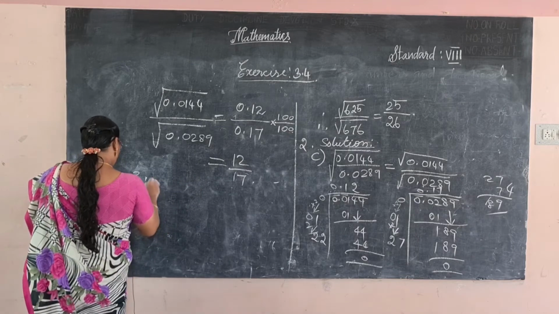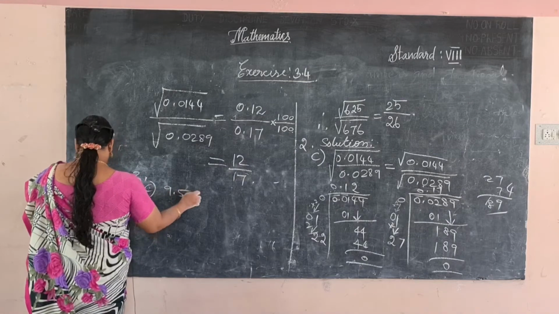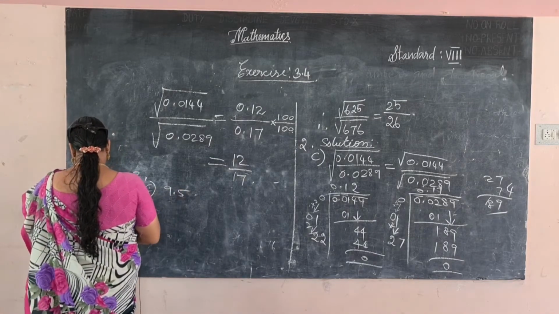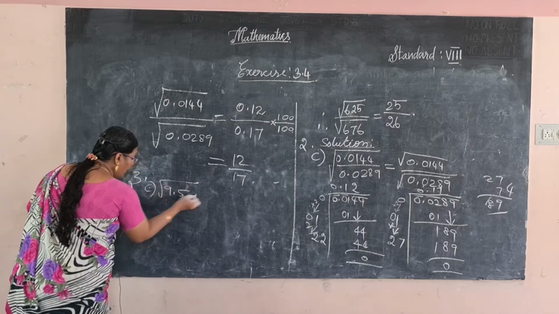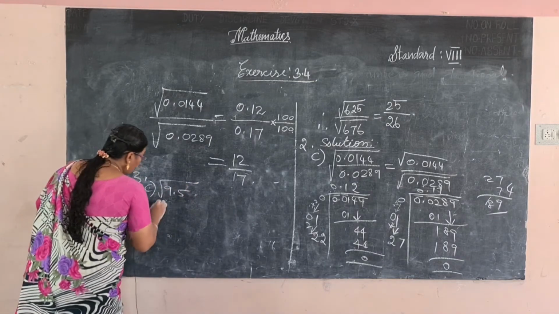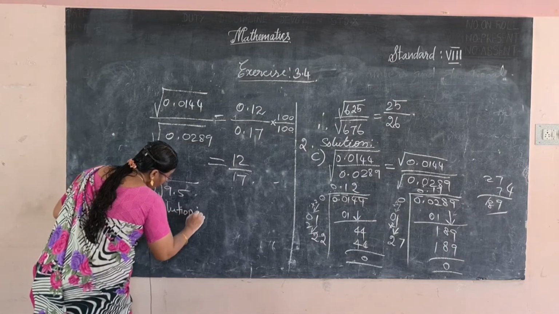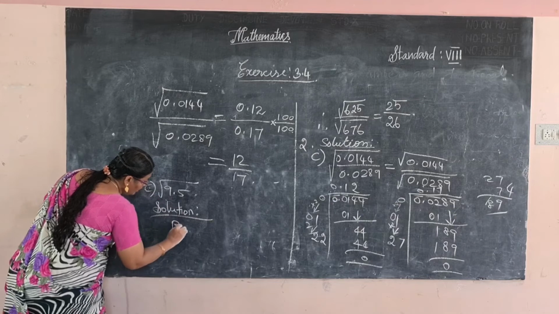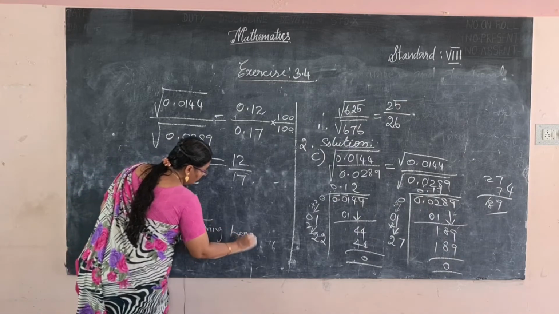Okay, problem C, 9.5. So we have to find the square root of 9.5 using the long division method.